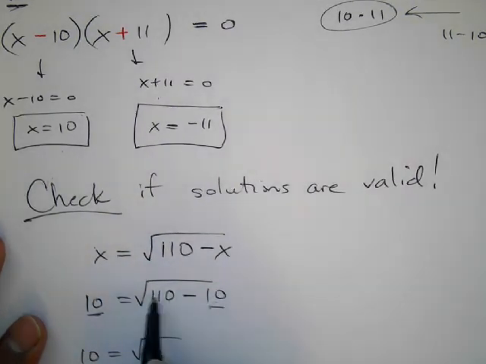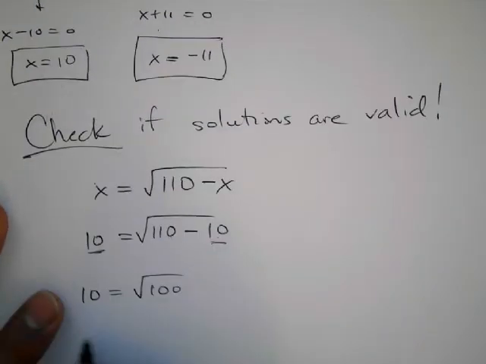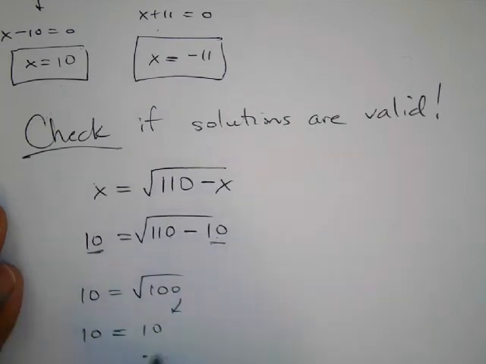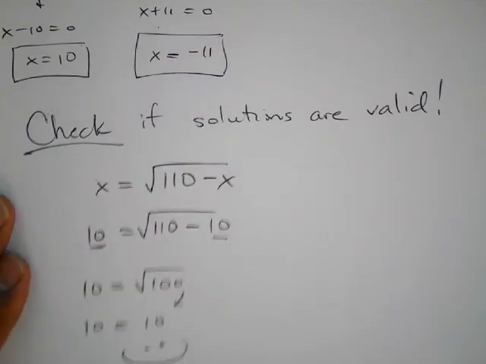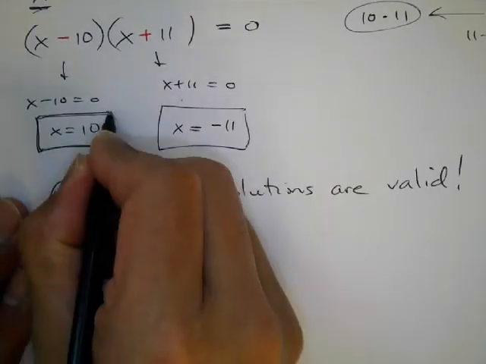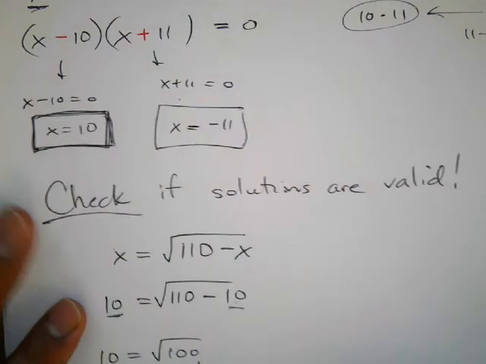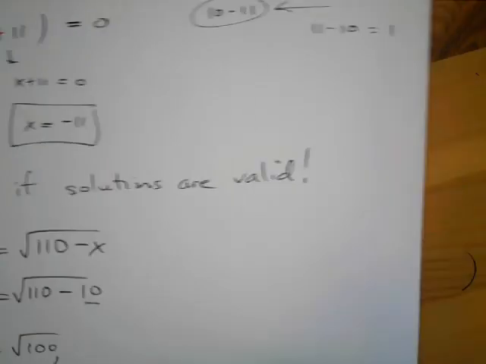And this has to give me a true statement. Is 10 equal to the square root of 110 take away 10? When I do 110 take away 10, that's 100. Is 10 equal to the square root of 100? Yeah, the square root of 100 is 10. So this one's good. 10 works.